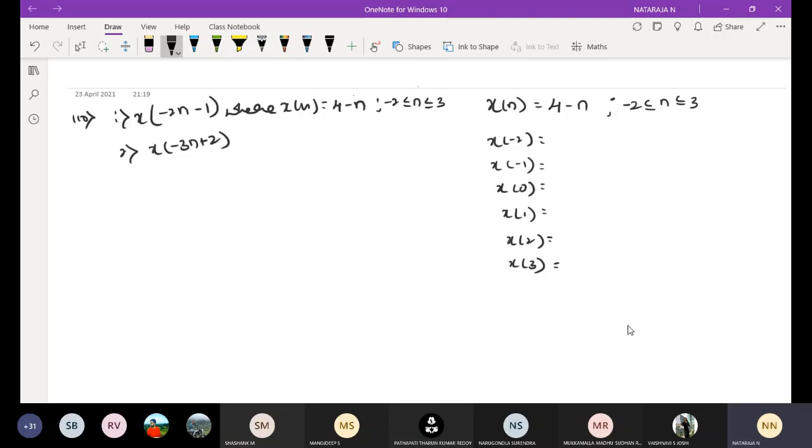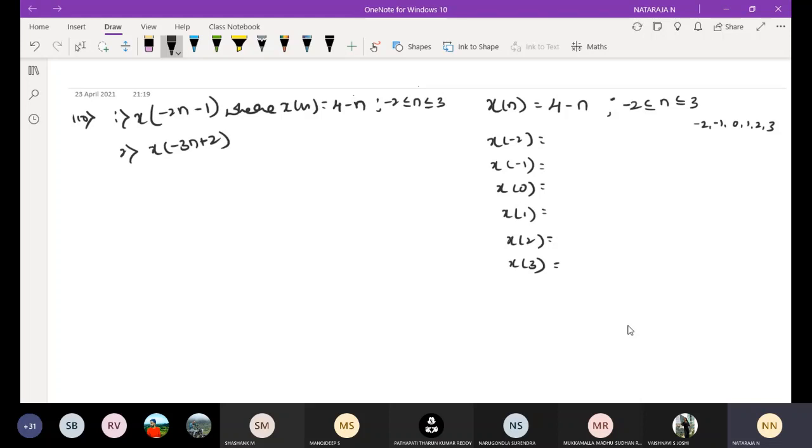Here x of n is equal to 4 minus n, n varies from minus 2 to plus 3. It means in each case we need to substitute the value. It will vary from minus 2, minus 1, 0, 1, 2, 3. Totally we have 6 samples.